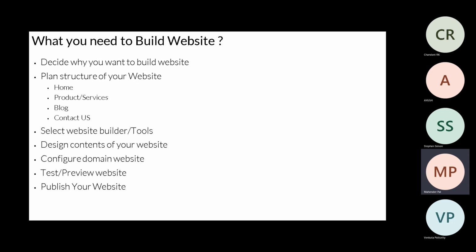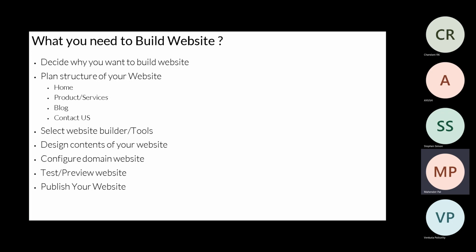Here we decide what content we want to put on it, and once we have the design available for our website, the final thing is that we decide the domain name, right? We want to configure some domain. There are different options available, so you can find a unique name that is not used by any other business, company or user.